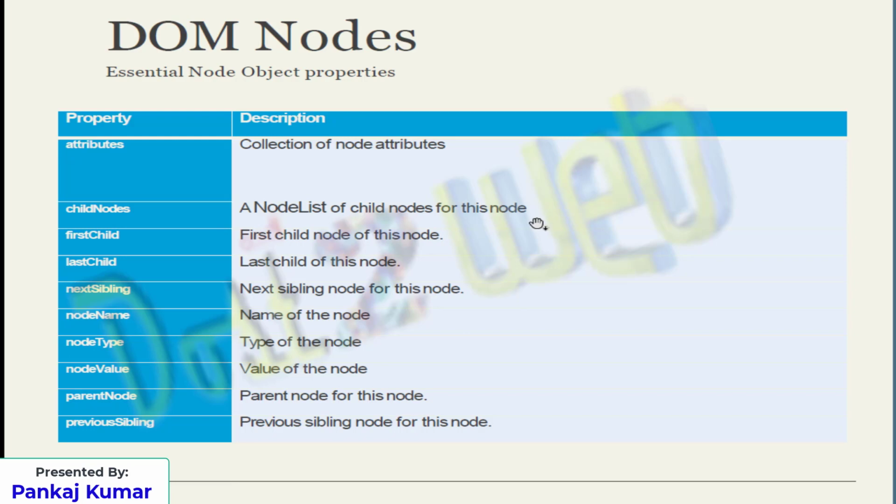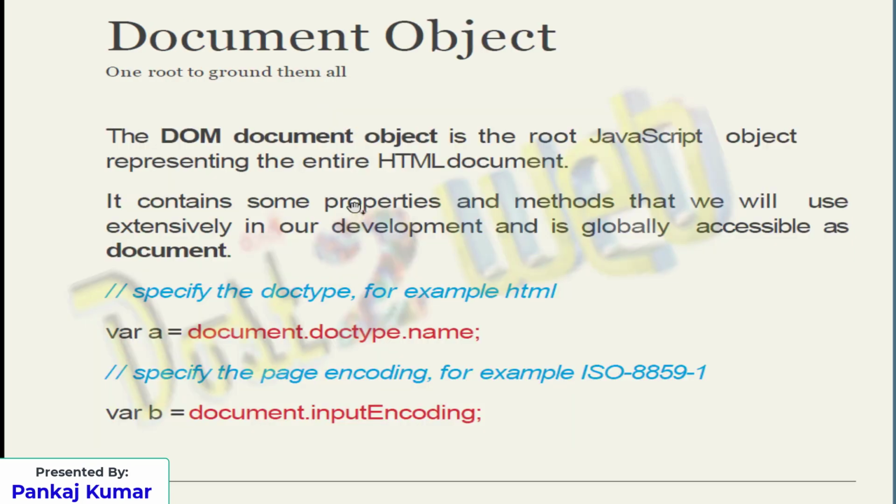That means when you are going to connect to the next node, you will have first child, last child, next sibling, node name, node type, node value, parent node, and the previous sibling. All these properties can be defined on the node of the DOM. Whatever you want, you can define accordingly, and this way you can use the properties.